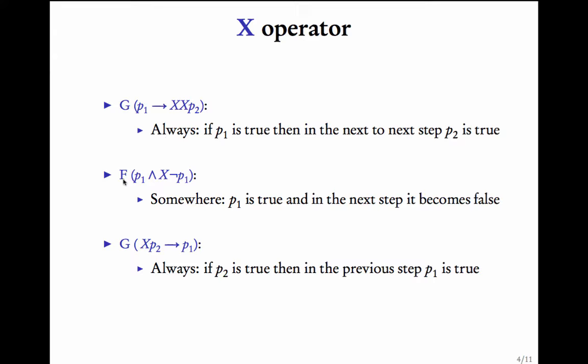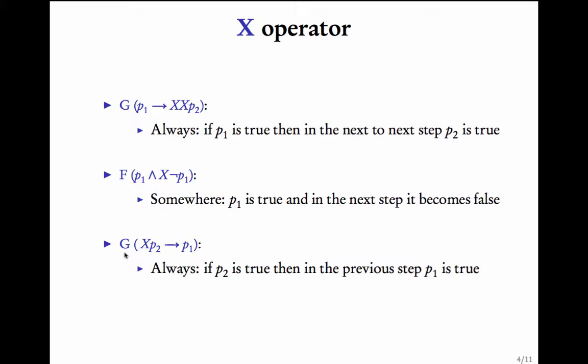If you remember, F says that somewhere P1 and X of not P1 is true. That means somewhere in the execution P1 is true and in the next step it becomes false. So an execution satisfies this if at some point there is a P1 and in the next step P1 is gone.